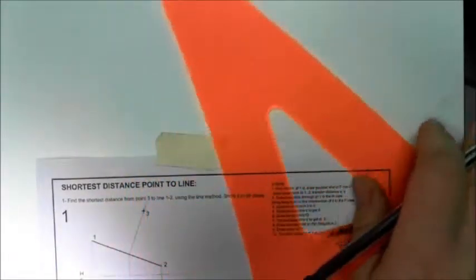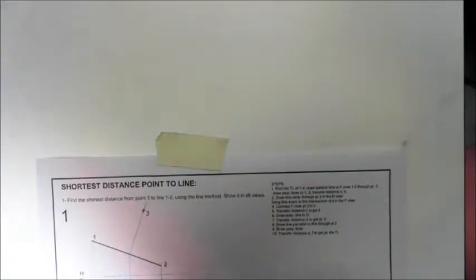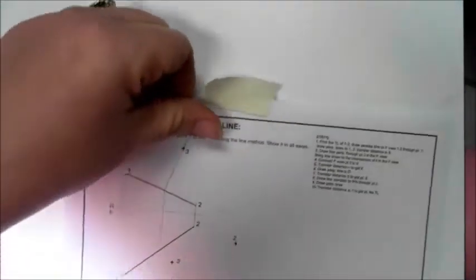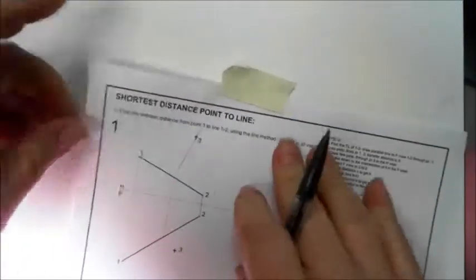Because I need to know where that is so that I can start drawing this right here. So now I'm going to draw a line parallel to that. There we go, move it up. Tape it down more than one spot so it doesn't move around on us. There it goes.